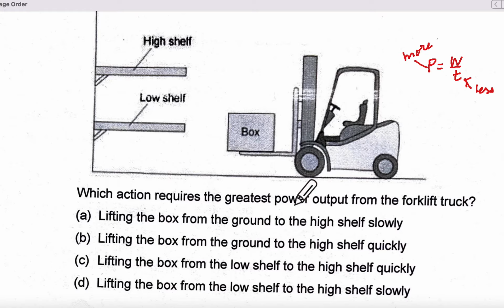Agreed? The greatest power: lifting the box from the ground slowly means time is going to be more, so power will be less. Lifting the box from the ground to the high shelf. Now remember, high shelf is more work, low shelf means less work. Quickly means time is less. So where will be more power? B.